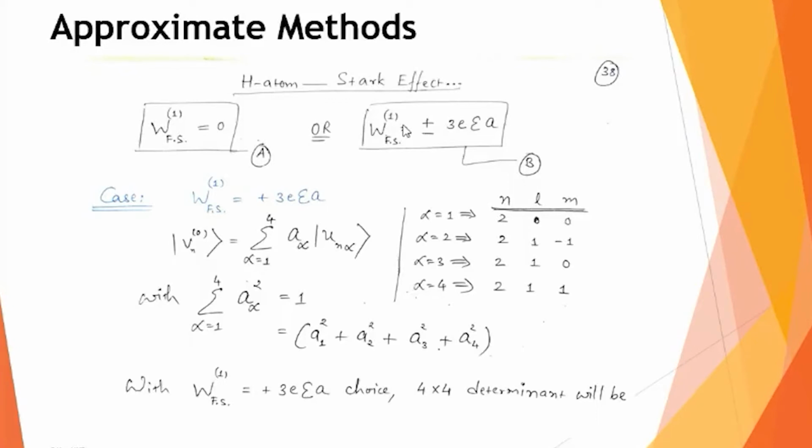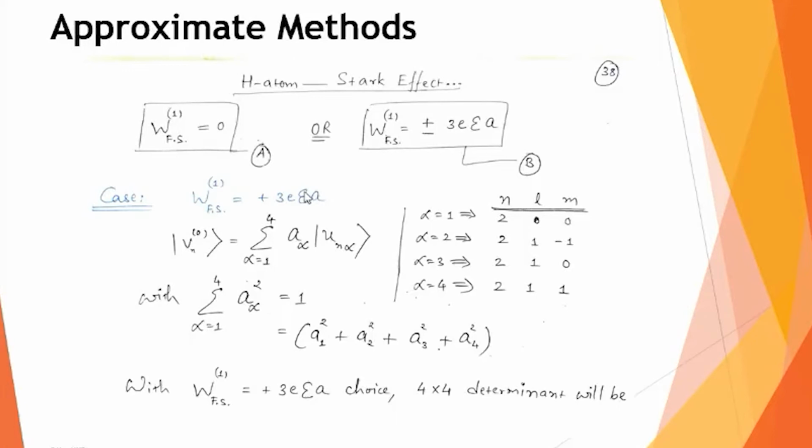To do further calculation, now I assume, let us say, out of this possibility B, I am considering the solution with a positive sign. So I assume as a first case my W1, the first order correction to say the first excited state, as plus 3EA.